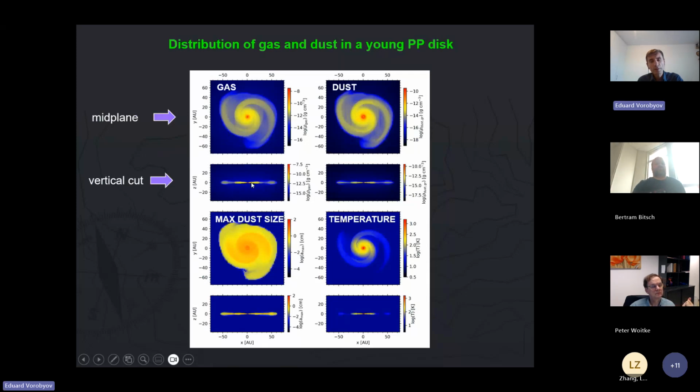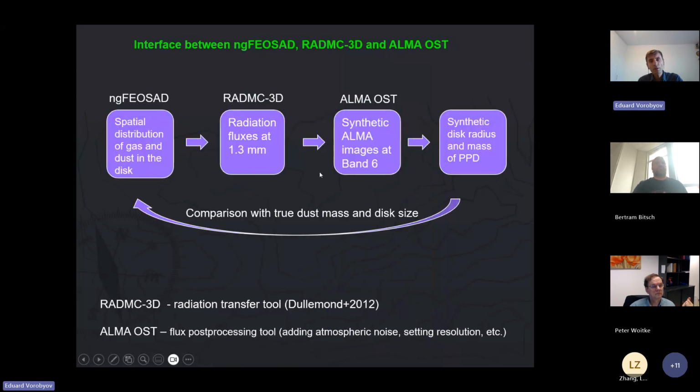One of the interesting applications that we now develop with this code: we take the data from our 3D simulations and put it into the RADMC-3D code developed by Dullemond and collaborators. From RADMC-3D, we obtain radiation fluxes at certain wavelengths, usually ALMA band 6.